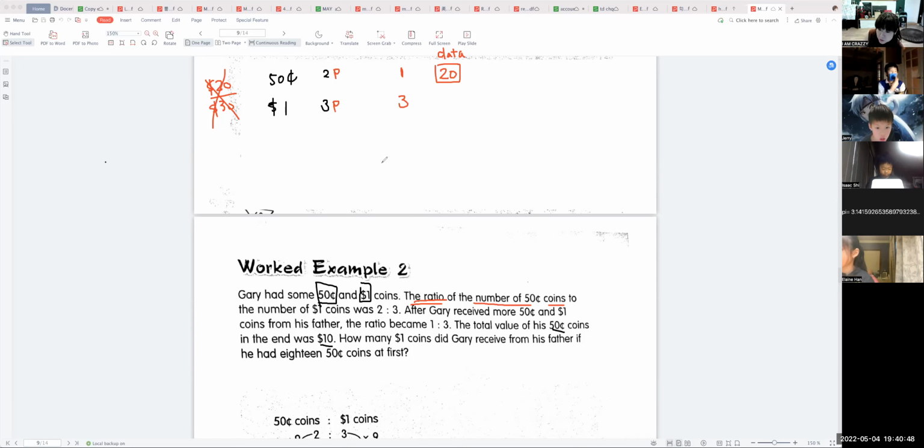The total value of his 50 cents coins in the end was $10. How many $1 coins did Gary receive from his father if he had 18 50 cents coins at first? Because right now there are 20, who can tell me how many coins the $1 has?